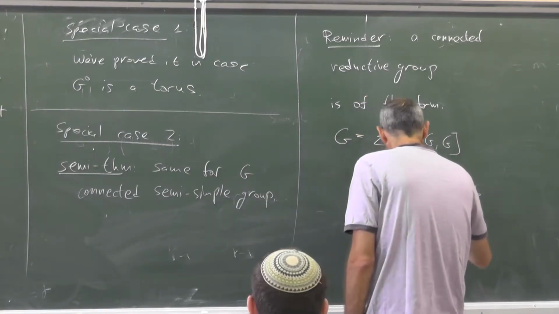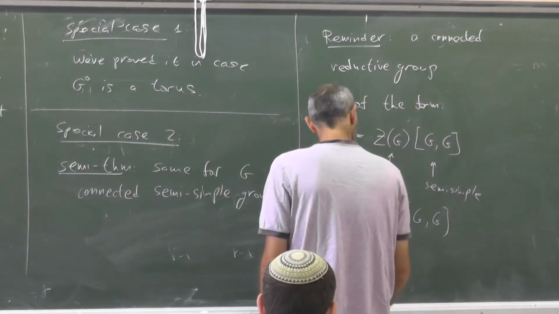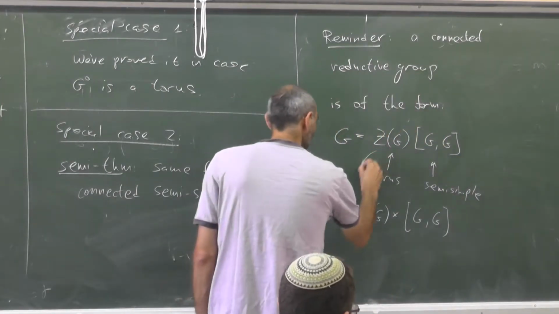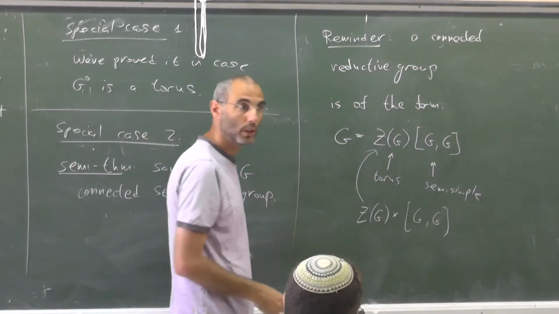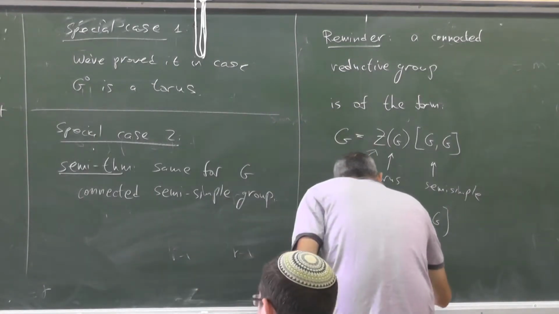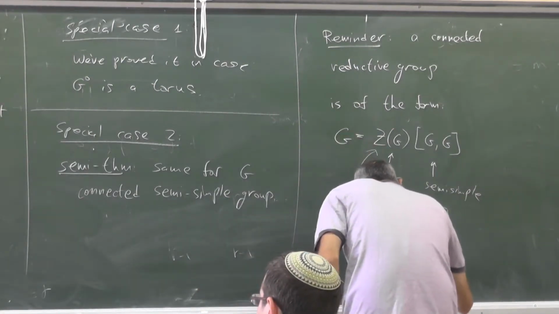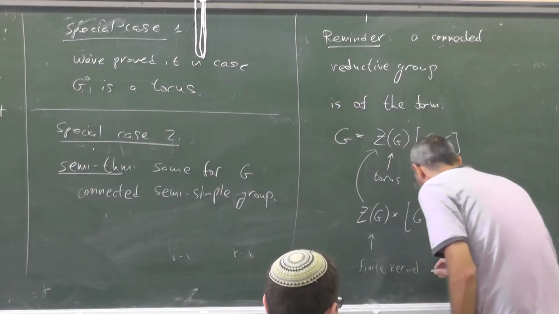So actually, I can form the product map from this, and this map has a finite kernel, which is the intersection of the two.